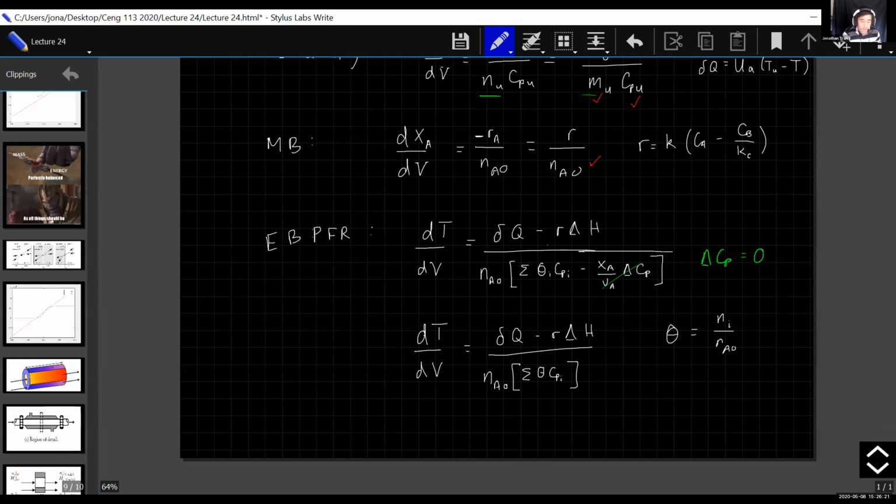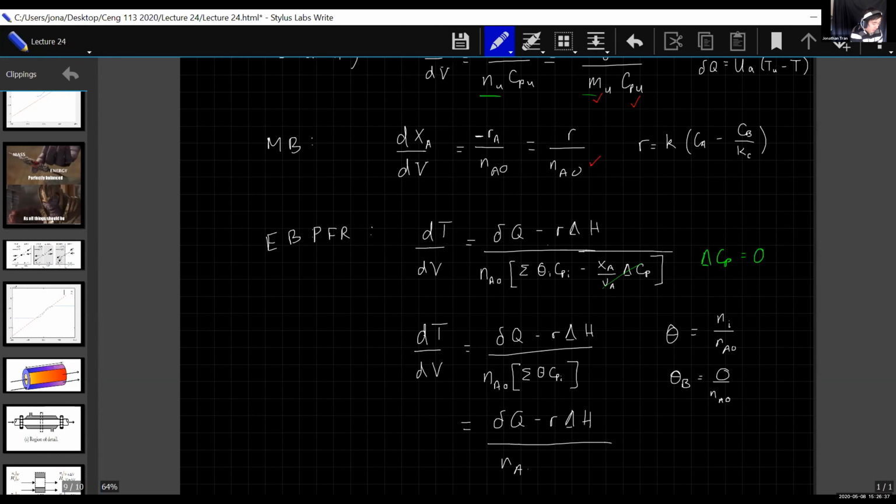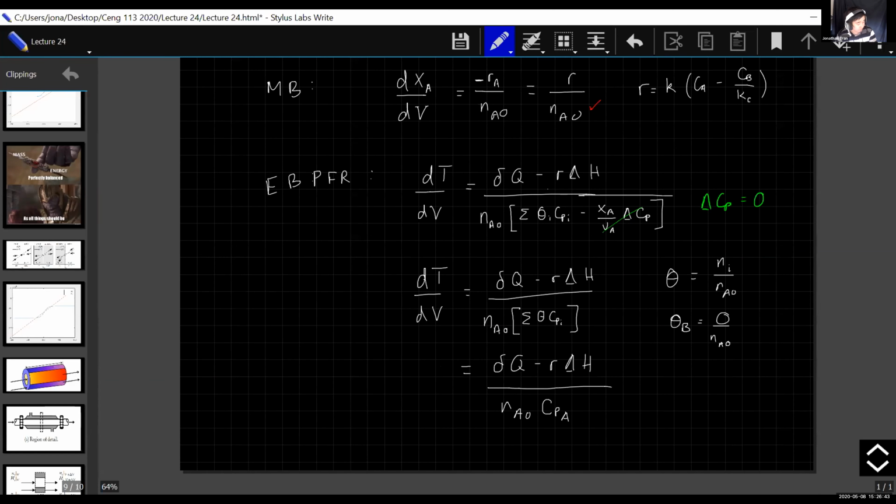So pure A inlet means that if we were to solve for theta B, it's simply going to be 0 over NA naught, which means that the only term that comes out of this summation is the A term. So we can get our final form down here to simply be NA naught times CPA in the denominator of dT/dV.